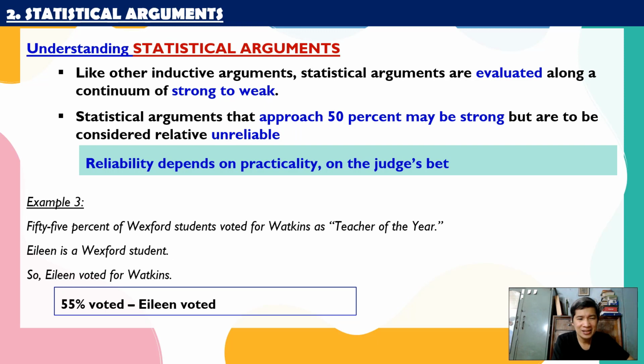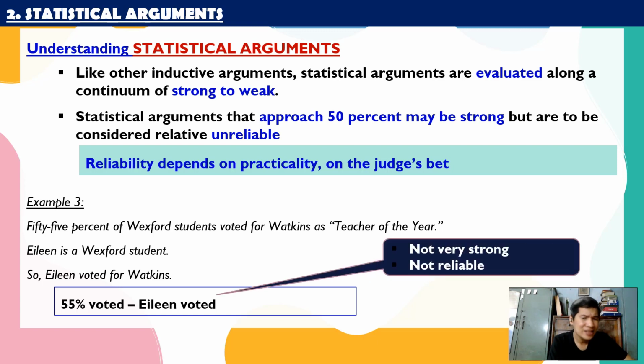In this case, 55% of Wexford students voted for Watkins as Teacher of the Year. Aileen is a Wexford student, so Aileen also voted for Watkins. 55% voted, as I have said, is a little bit higher than the borderline, so not very strong.